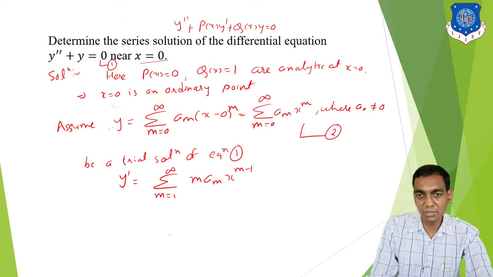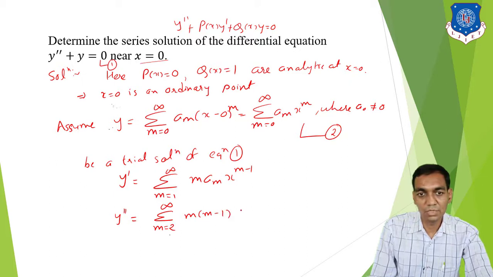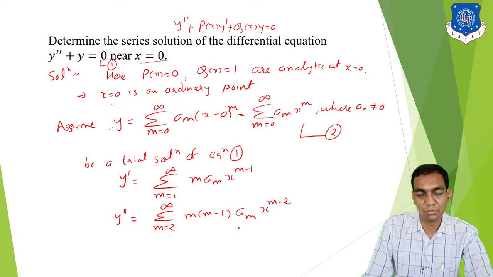See, it is a simple derivative: am is constant, and x raised to m has the derivative m into x raised to m minus 1. In the same manner, y double dash will be sigma m running from 2 to infinity m into m minus 1 am x raised to m minus 2.